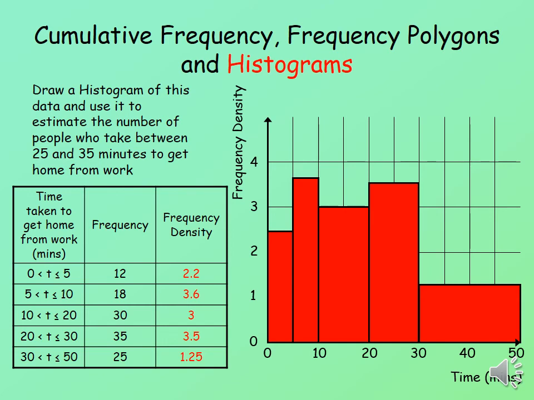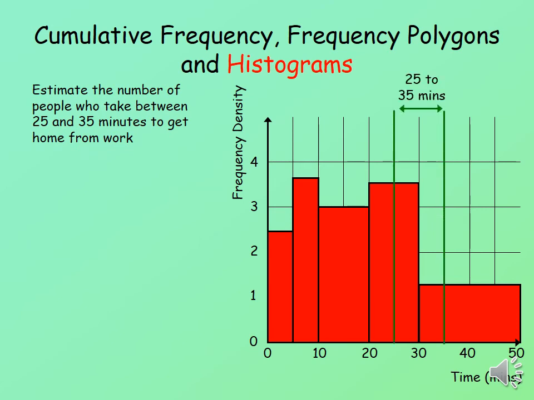Okay, so we have to answer this question, draw a histogram, and so we've done that, and now we're going to estimate the number of people who take between 25 and 35 minutes. So if you remember, we need to create the rectangles for these values.